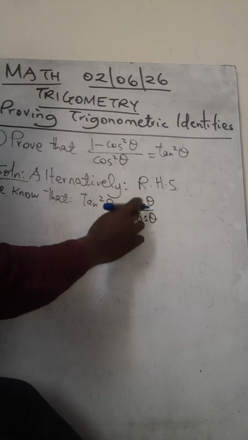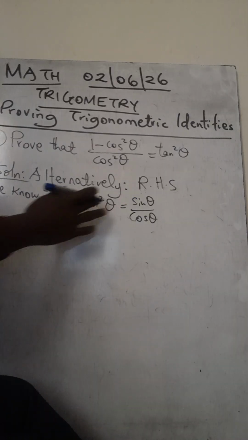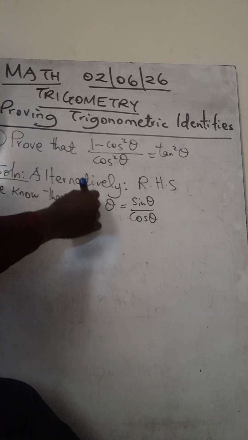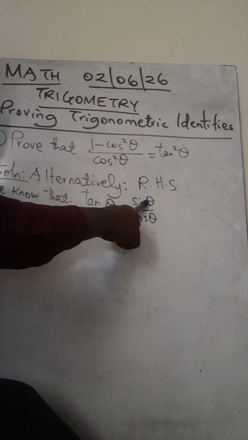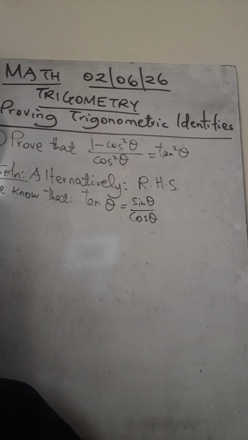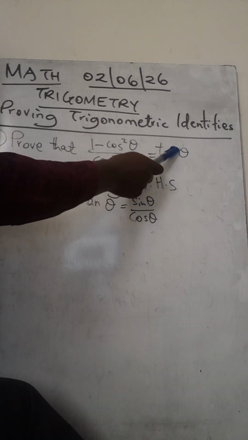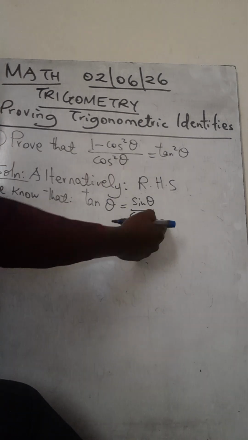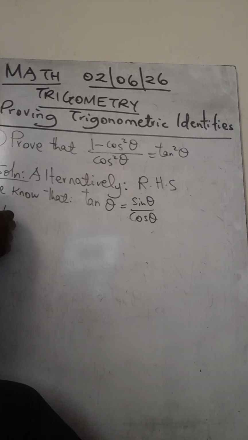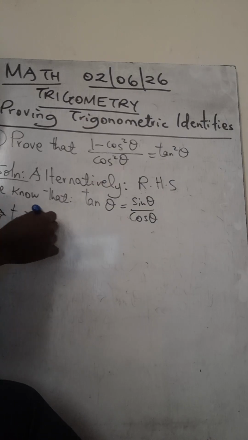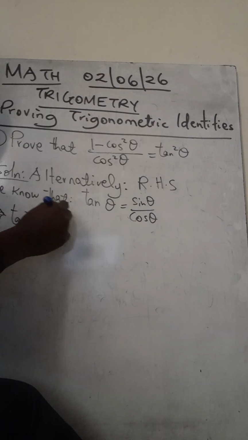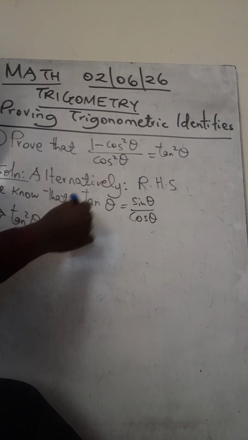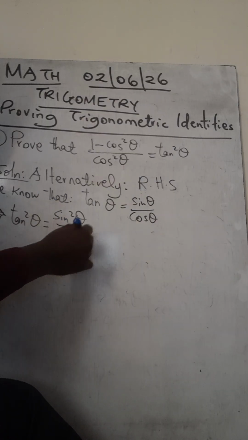That one we know, it's an identity. Tangent of theta is equal to sine of theta over cosine of theta. Since this one is squared, we can square this side and this side, so that tangent squared of theta equals sine squared of theta over cosine squared of theta.